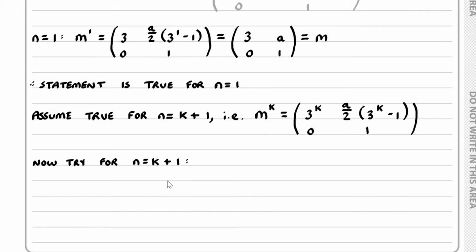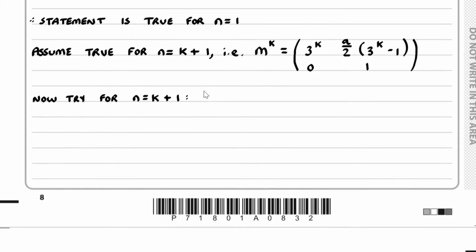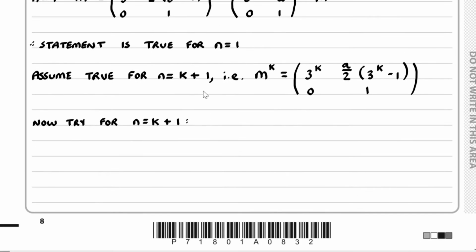We will now try for n equals k plus 1. In other words, we replace n with k plus 1, which means we have M to the k plus 1, and using the laws of indices, this is the same as M to the k times M to the 1.